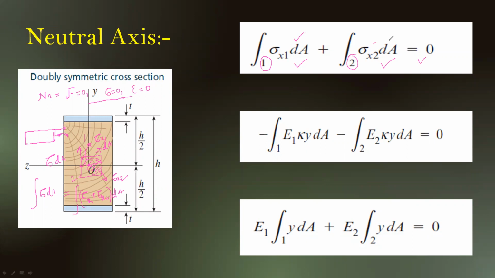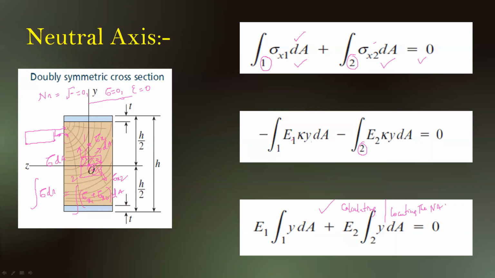This is sigma into area, that is force. So apply the formula: sigma x1 is equal to E1 k y, so E1 k y dA minus E2 k y dA, taken over an area element for material 2, has to be equal to 0. This is the formula that we use for locating the neutral axis. Let me repeat it.